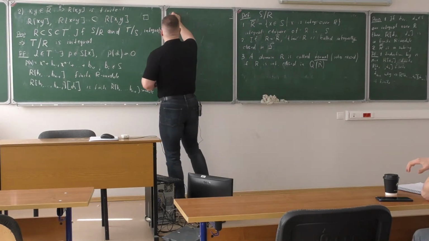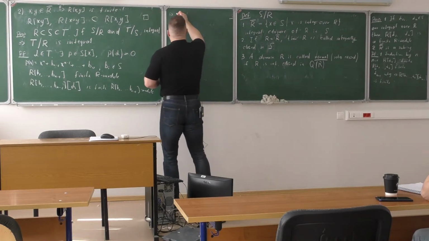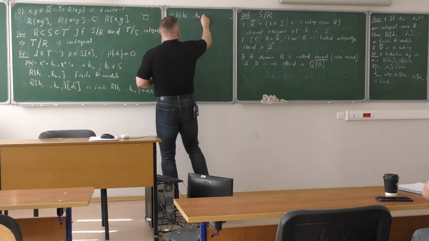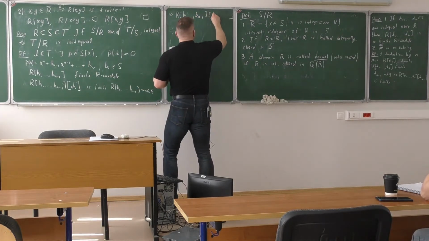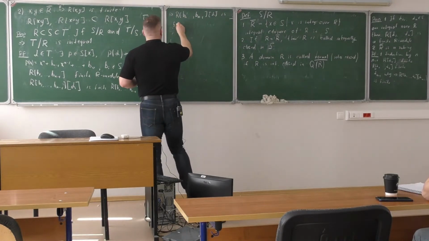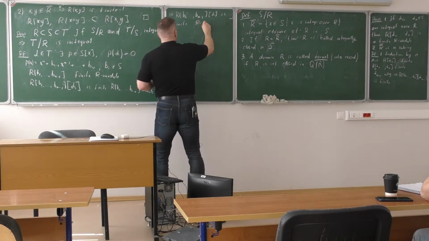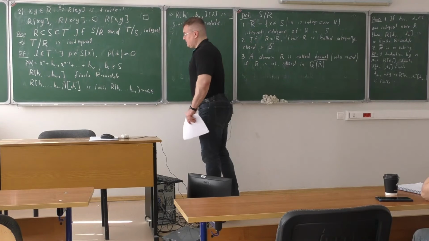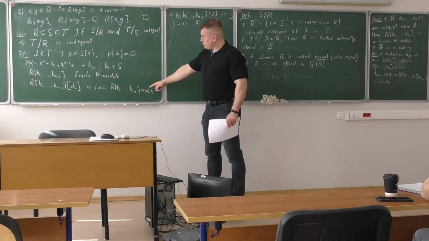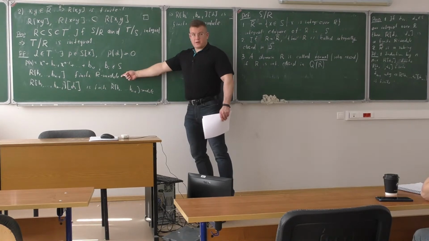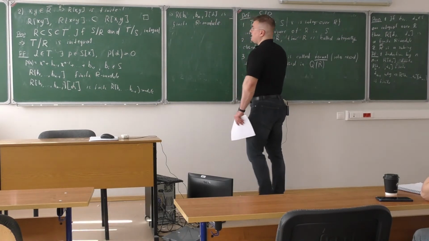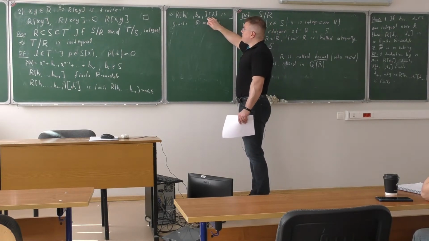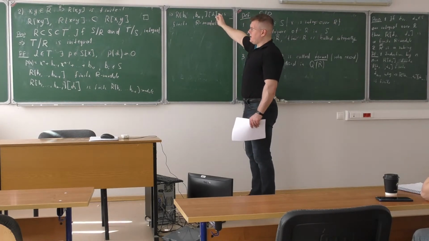Well, I claim that from this it follows that if I consider R[b1, up to bn minus 1] and then I join alpha, this is a finite R module. Well, since this is finite as this module, but this module is also finite as an R module. And I think that's all we need to show, right? Since this is a finite module, again, we use our first proposition to conclude that alpha is an integral element.